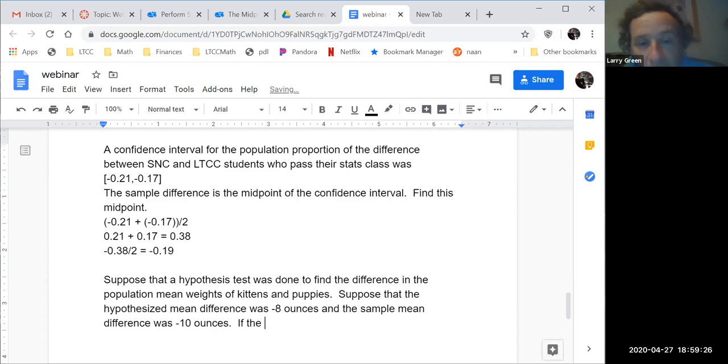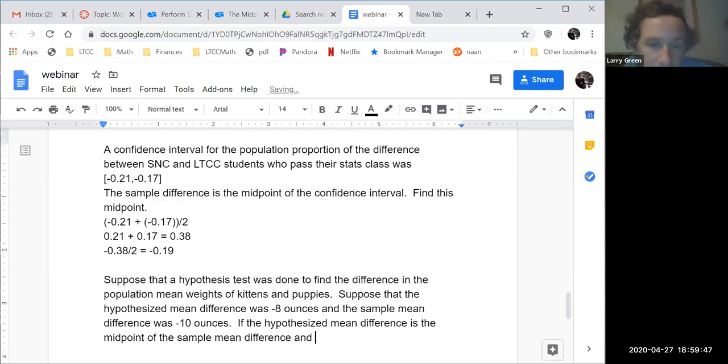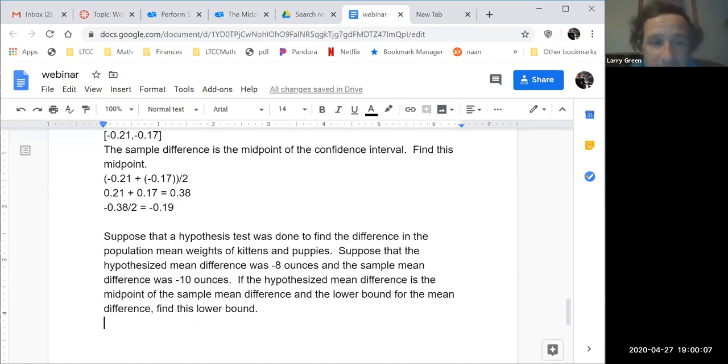If the hypothesized mean difference is the midpoint of the sample mean difference and the lower bound for the mean difference, find this lower bound. Okay, I put a lot of words in here.